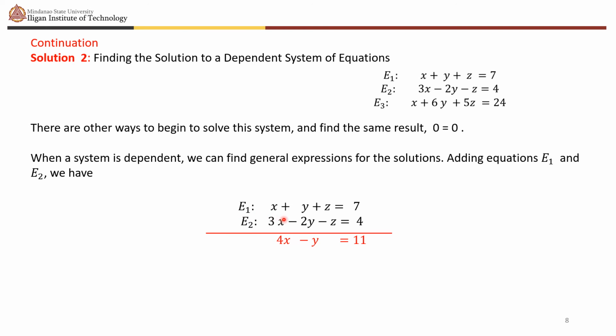Since e sub 1 is x plus y plus z is equal to 7, and e sub 2 is 3x minus 2y minus z is equal to 4, when we add them, x plus 3x is 4x, y minus 2y is negative y, and z minus z is 0. So we have 7 plus 4 is equal to 11. Solving for y, we have 4x minus y is equal to 11, so that y equals 4x minus 11.